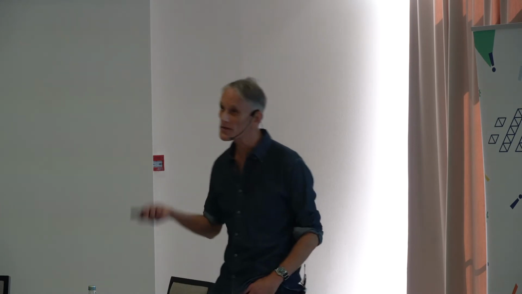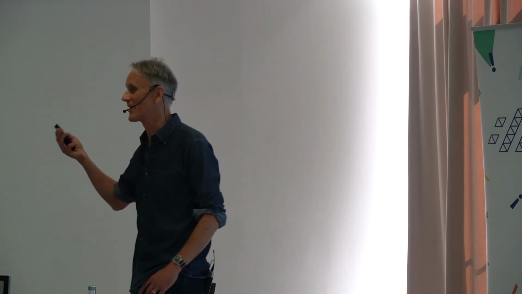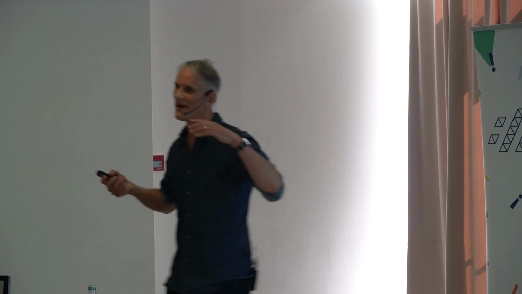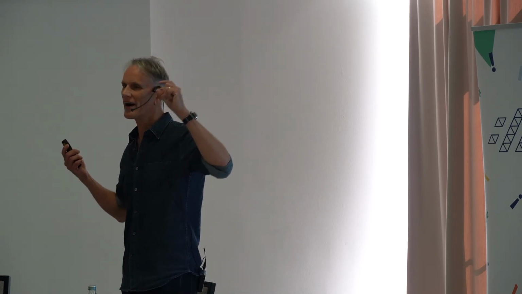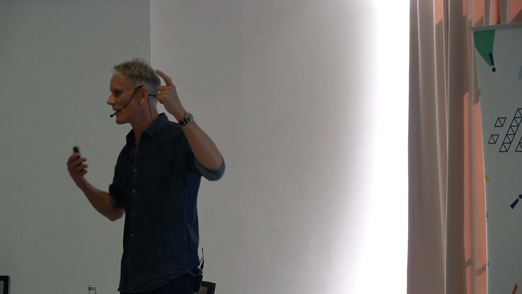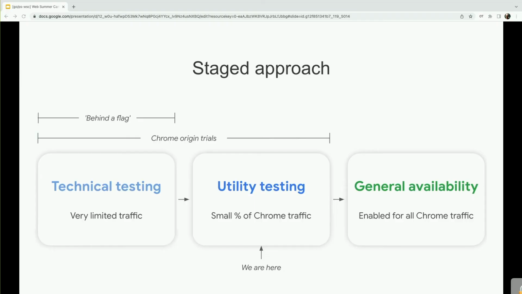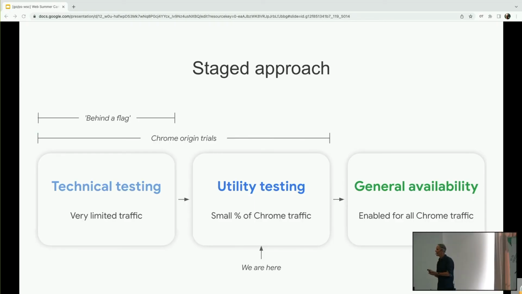We actually also have this thing called holdback trials, which is pretty cool, where we have a field trial where something is held back for a group of users rather than the other way around. We've done this with the photo picker. We held back a very small percentage of users from having access to that feature because we really wanted to check whether our new photo picker was working as intended.